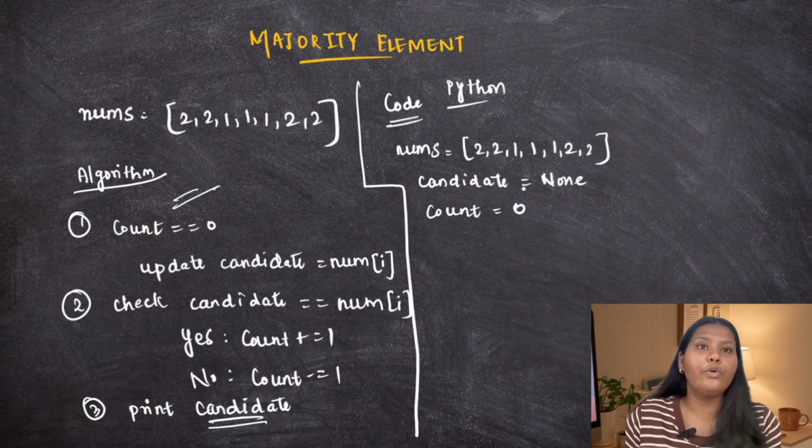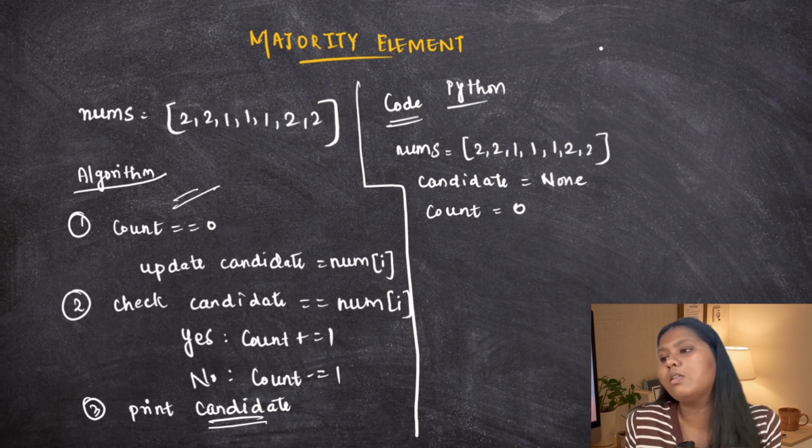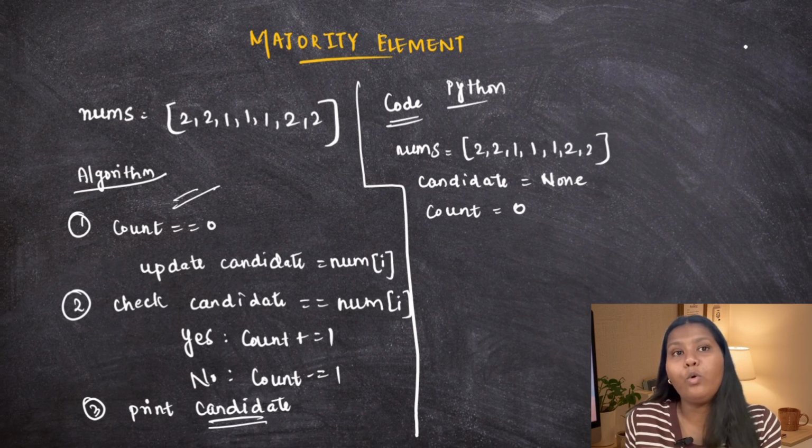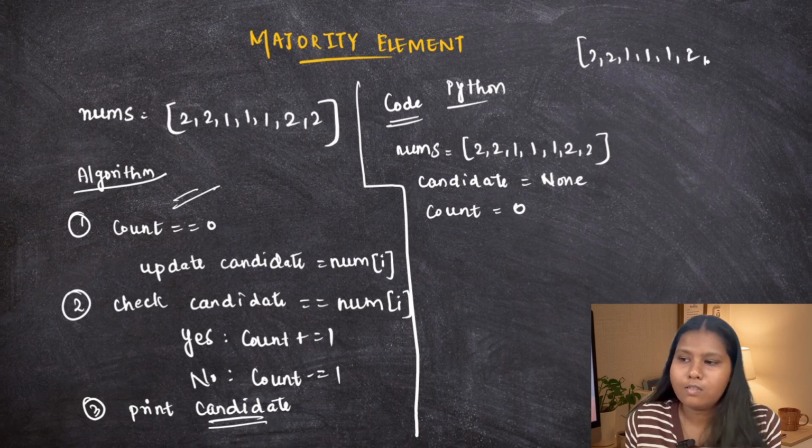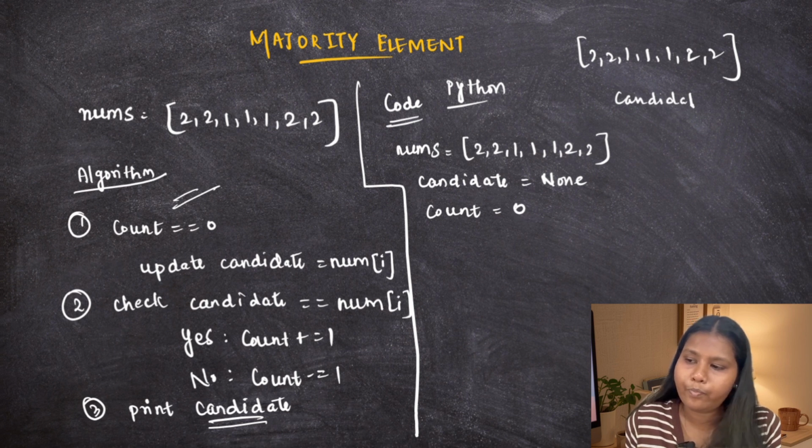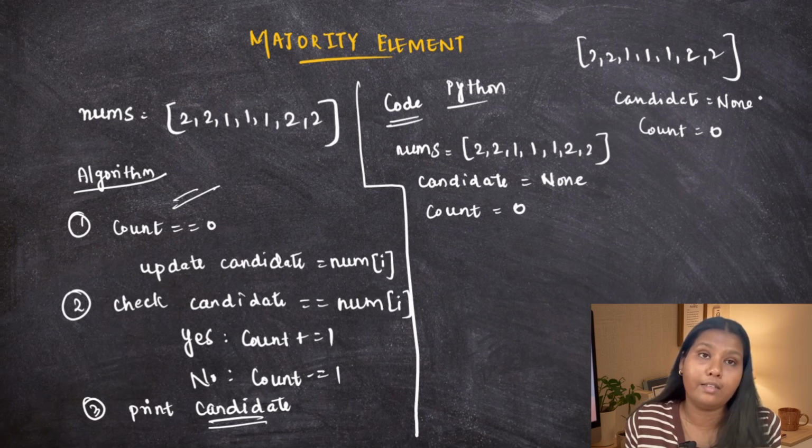Before that, I can show you a small demo of how it works. To be more precise and easier to understand, I'll take this array. So this is candidate and this is count. Count is initialized to 0 and candidate is initialized to None at first.